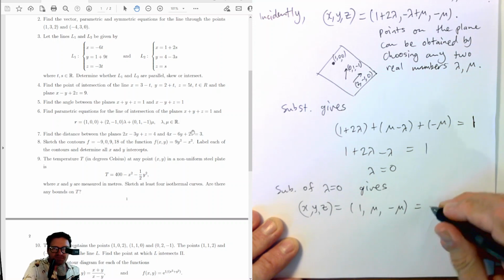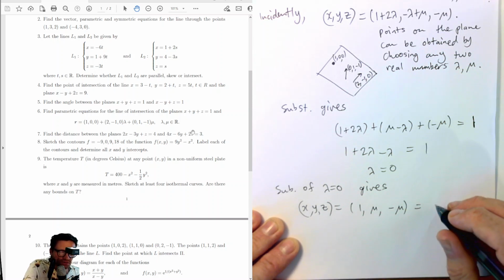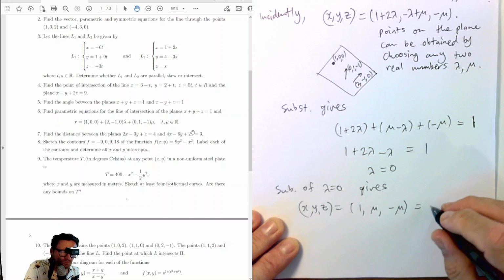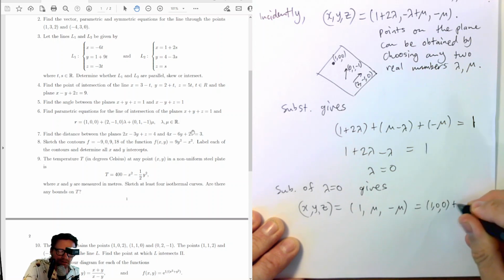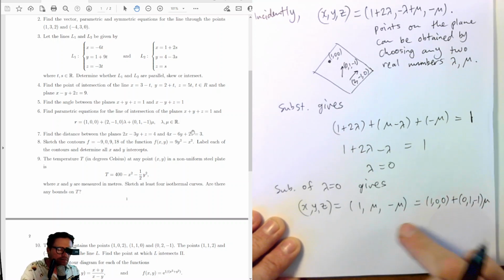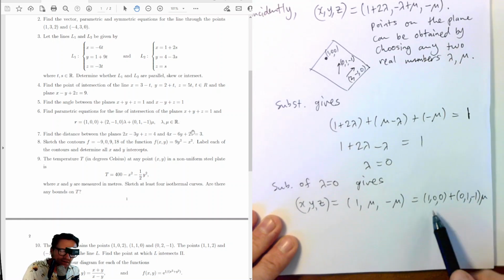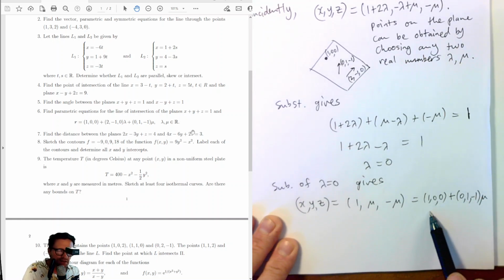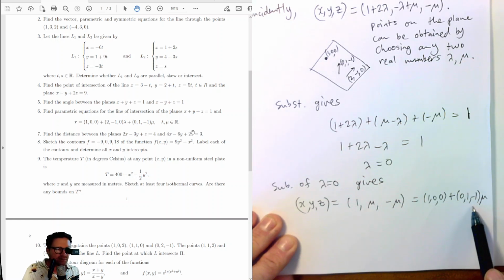And so we can write this as, let's see, how should we write this? 1, 0, 0 plus 0, 1, minus 1 multiplied by mu. Because if we expand this out, then this is what we get. So what this tells us here is a point on the line of intersection, and a vector that is parallel to that line of intersection.